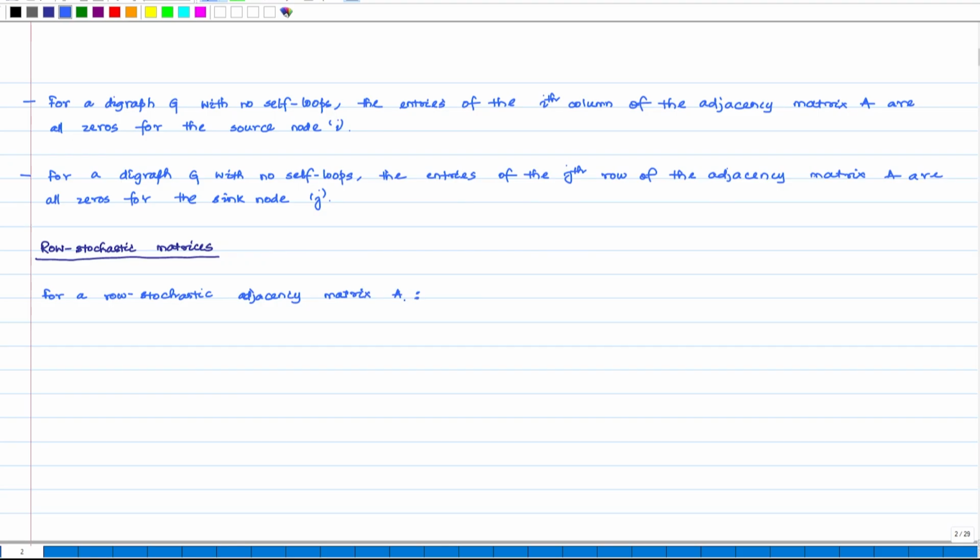For any row stochastic adjacency matrix, the following properties hold. First is all the entries of the matrix A are non-negative. And the row sums add up to 1, which can be written in this manner.